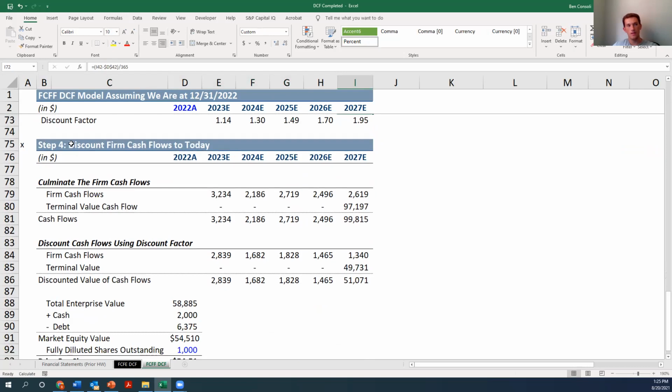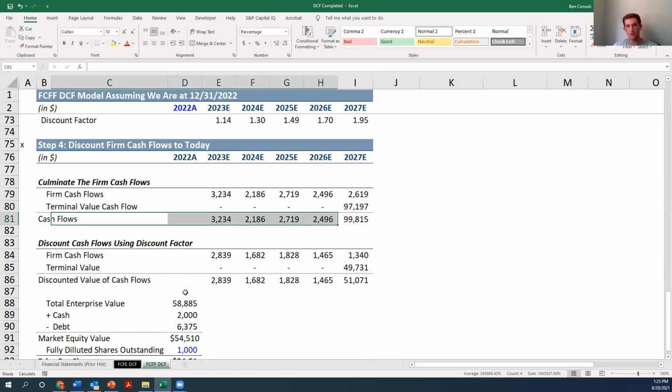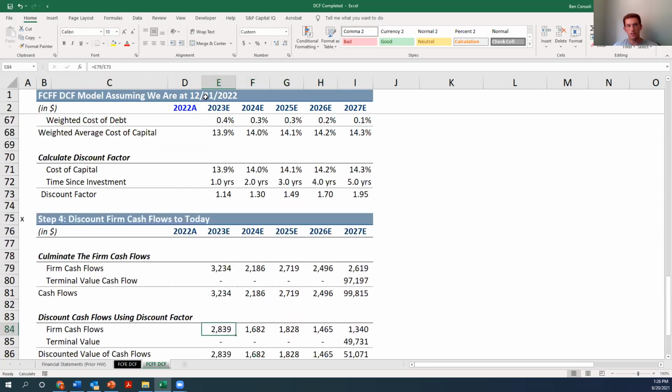And then finally, the last step in this instance is to discount the free cash flows to the firm using the discount factor. So you just culminate the total cash flows to the firm, which includes the terminal value of the cash flows to get to the total cash flows of the company. And then from there, you're going to discount those back using the discount factor.